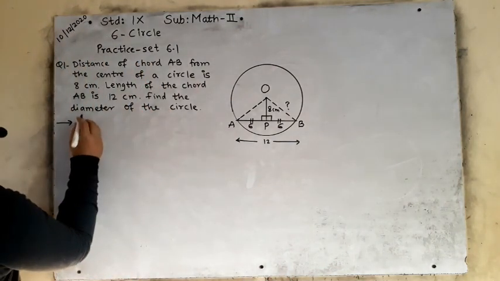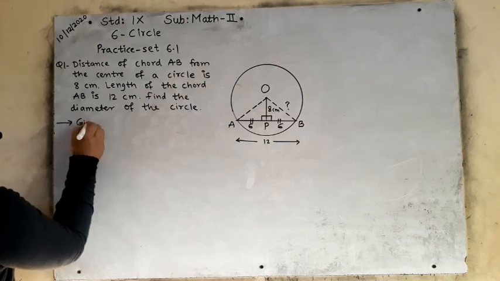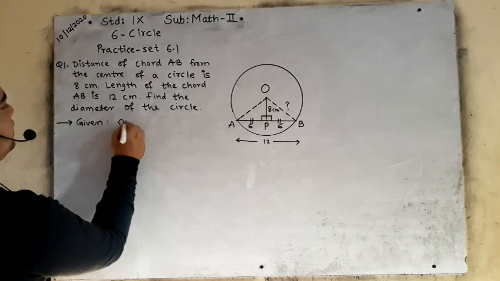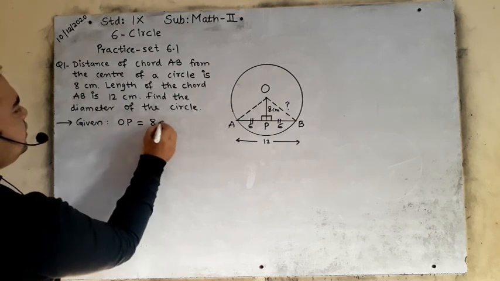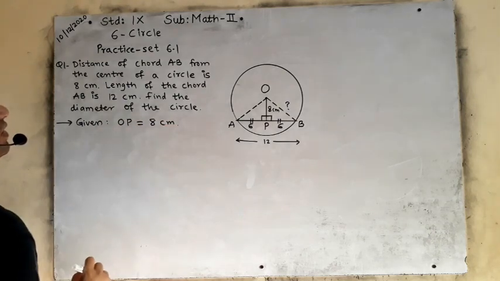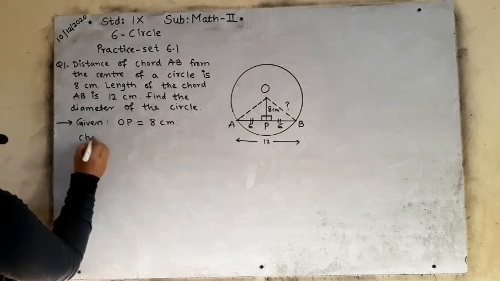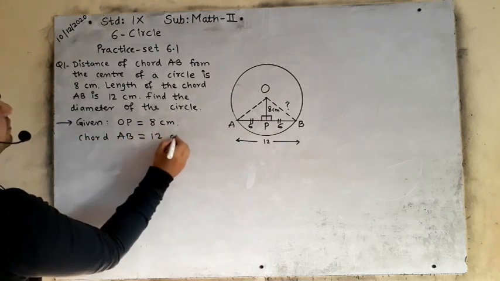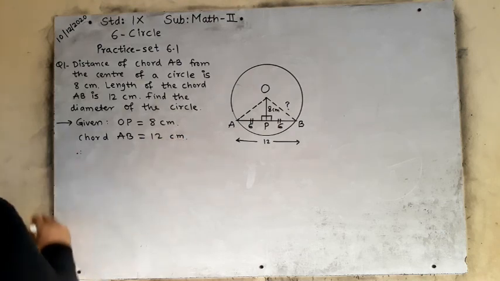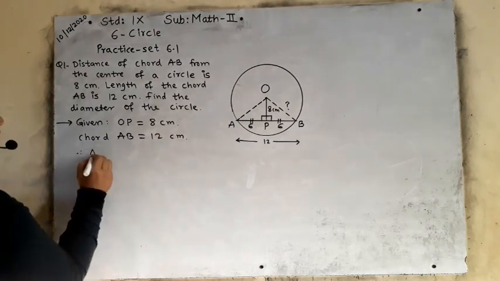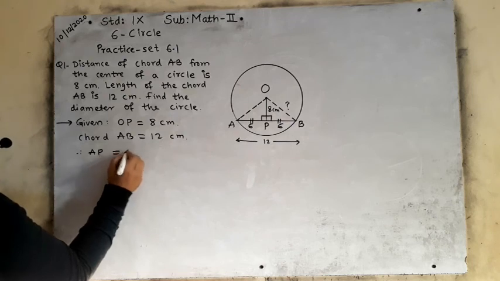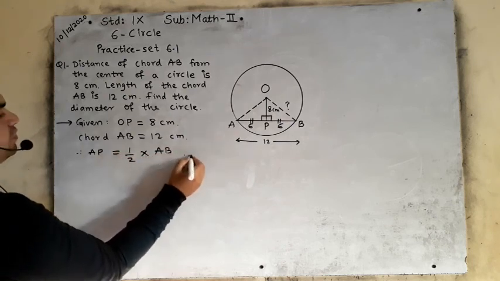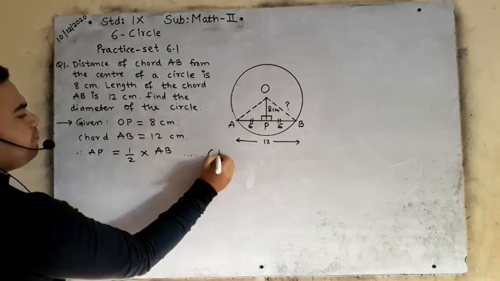So what is given? OP is equal to 8 centimeter. And chord AB is equal to 12 centimeter. Therefore, can I write AP is equal to half of AB? Yes or no? Why?